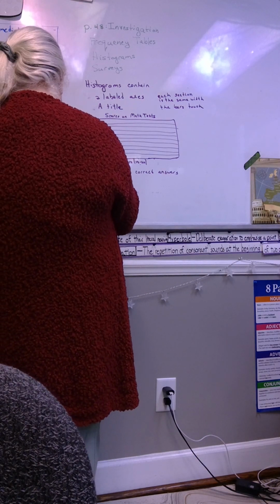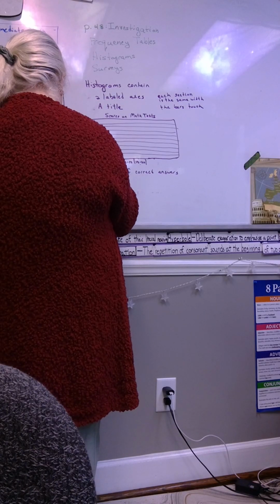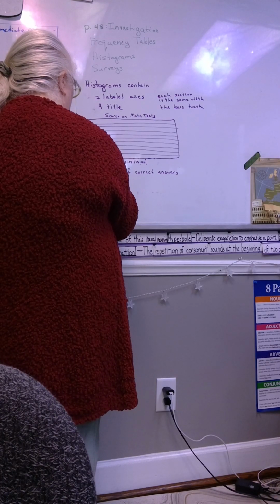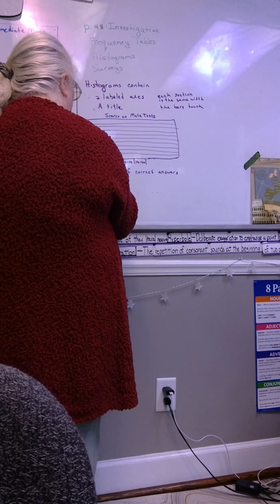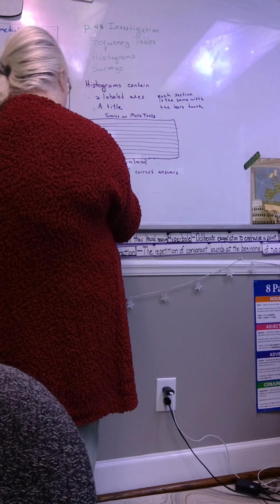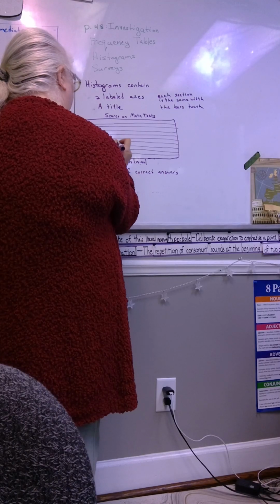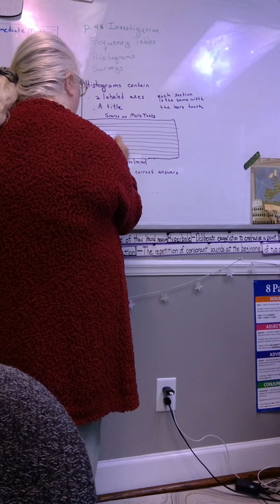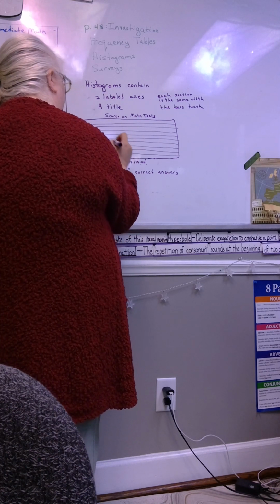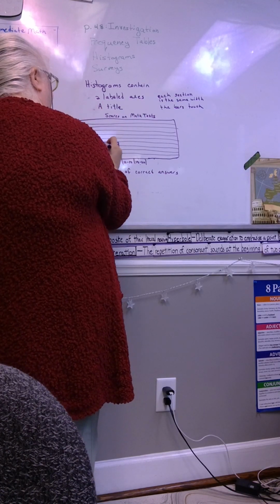So the 12 to 13, there were 2. And then you would color that in. Kind of hard to color in with dry erase marker. And then for the 14 to 15, there were 4. How many lines are there? 11, counting the box.